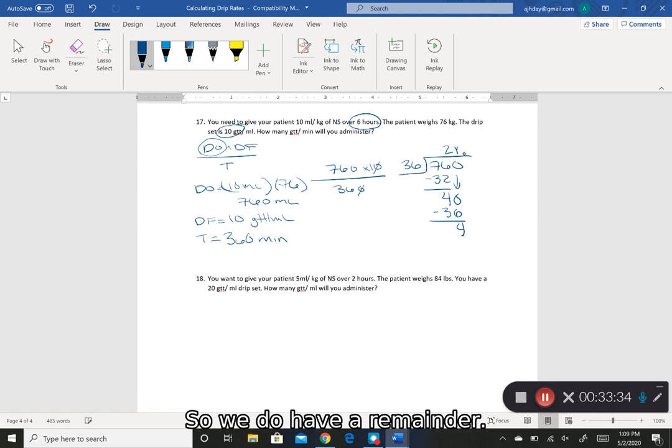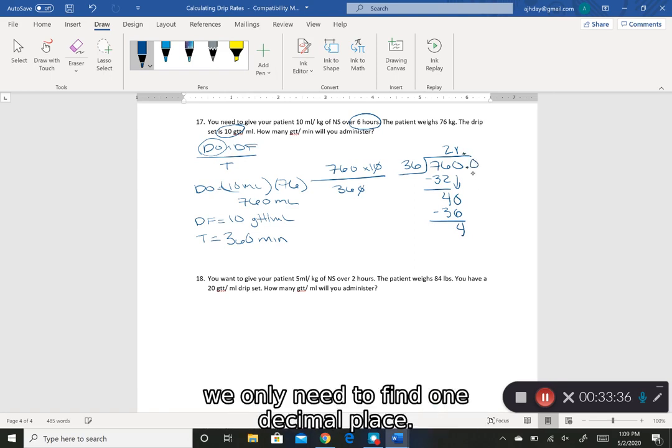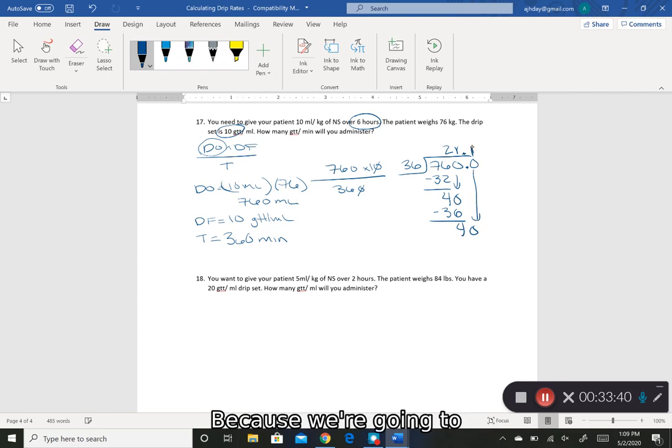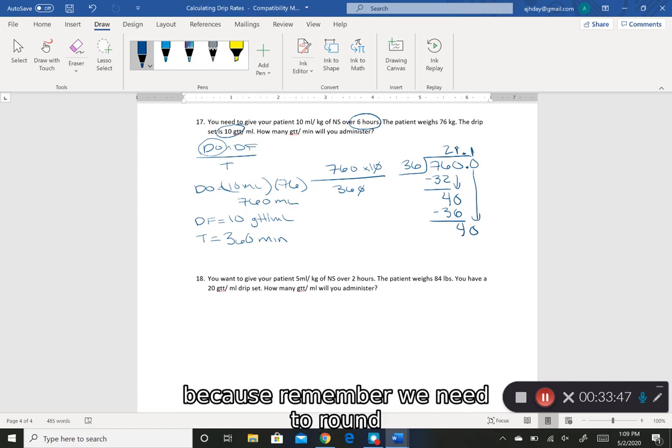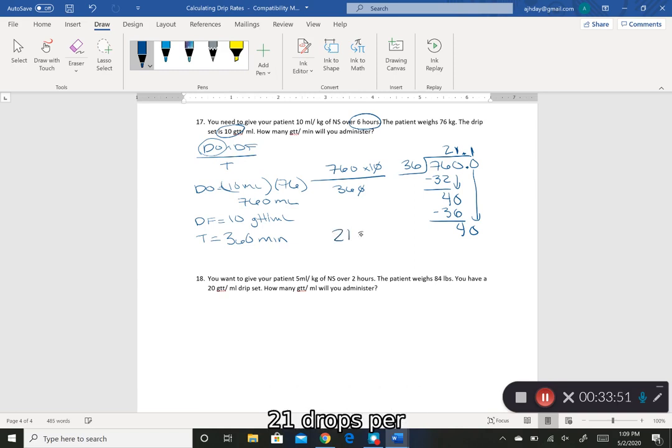So we do have a remainder. And since it's drops, we only need to find one decimal place because we're going to round to the nearest whole number. So we're going to give this patient, because remember we need to round this to the nearest whole number since we're giving drops per minute, 21 drops per minute.